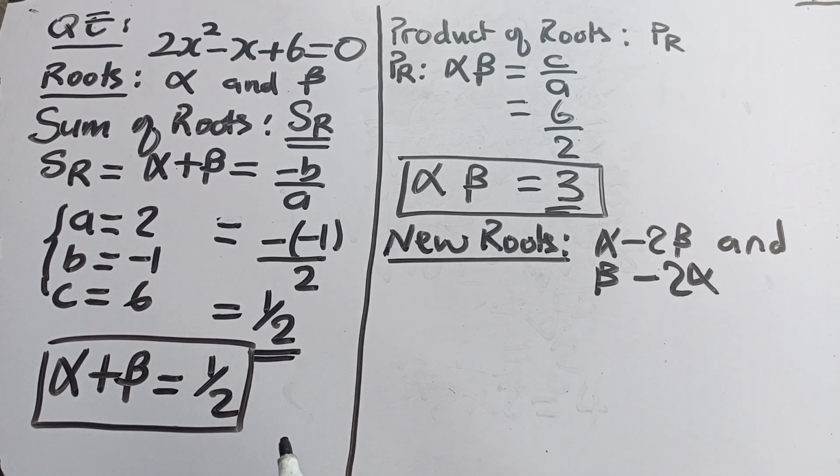So we're going to use the symmetric properties of the roots of a quadratic equation to be able to come out with values for the product of new roots and the sum of the new roots.